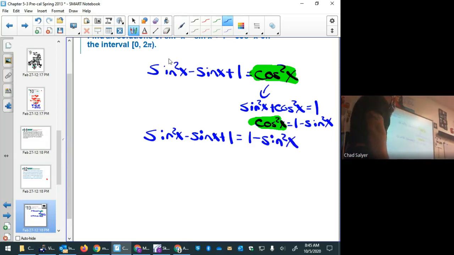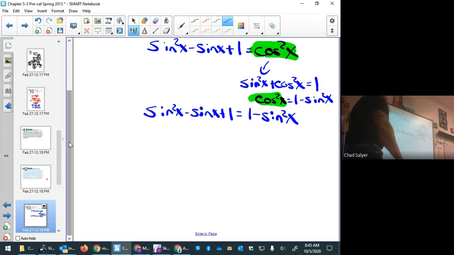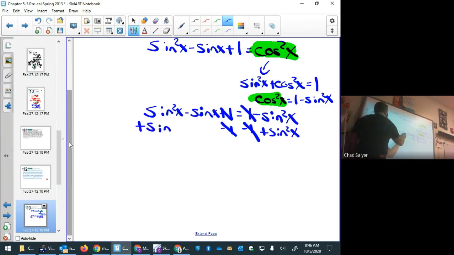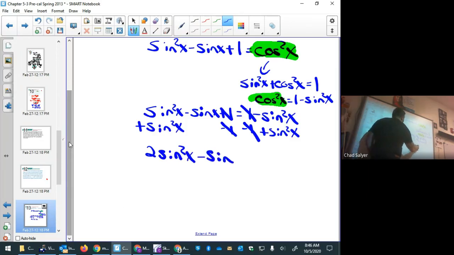So there's a couple things I need to do here in order to solve this. First of all, subtract 1, which will cancel both of these 1's out. Then I need to add sine squared x to each side. Like trigonometric terms here, I can combine, and I get 2 sine squared x minus sine x, and I canceled out everything on this side, so it's 0.